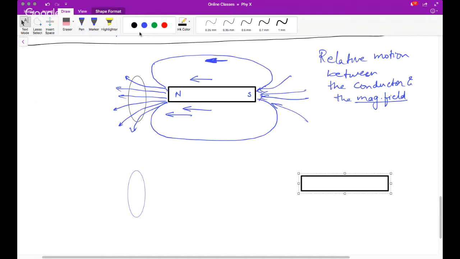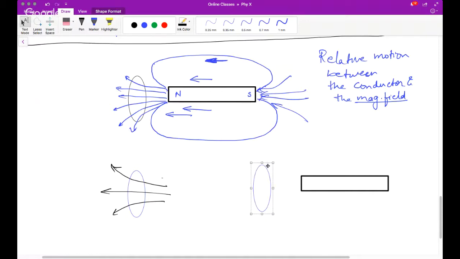So let's say the lines crossing will be very, very less as compared to when this ring is, let's say, here. So basically, you moving the magnet towards the left is as good as you moving the ring towards the right, isn't it?